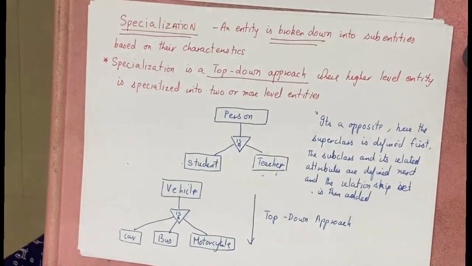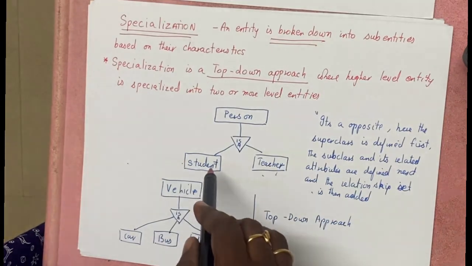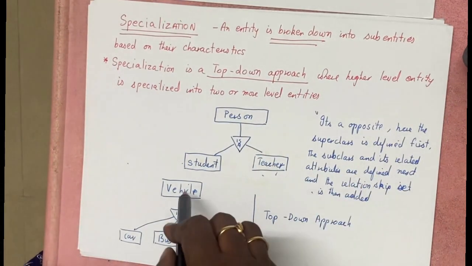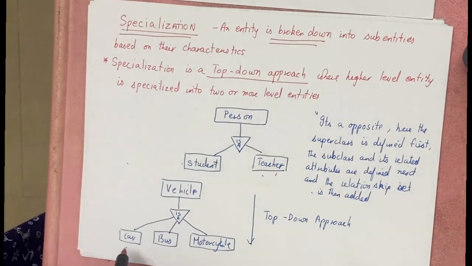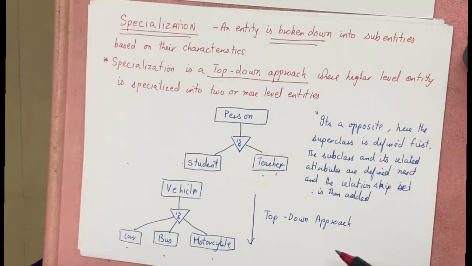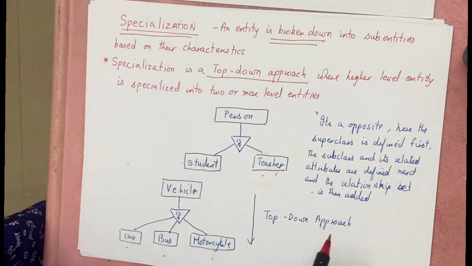Those can be the attributes unique to these two entities. So as a top-down approach, vehicle can be broken into car, bus and motorcycle. Here it is the opposite, where the superclass is divided into subclasses.